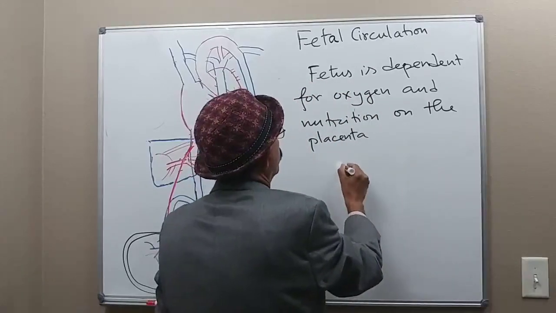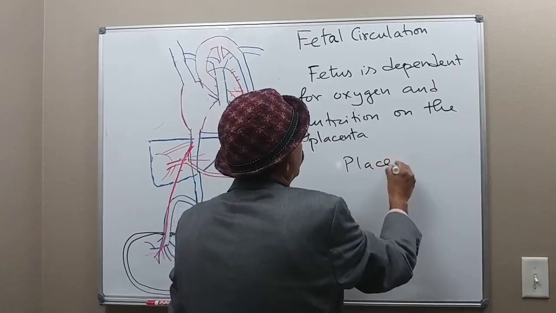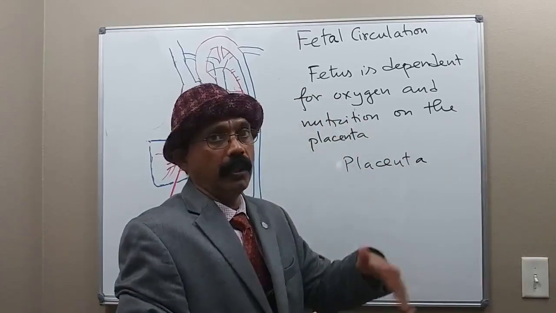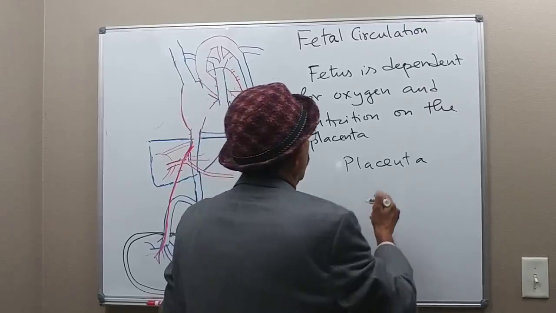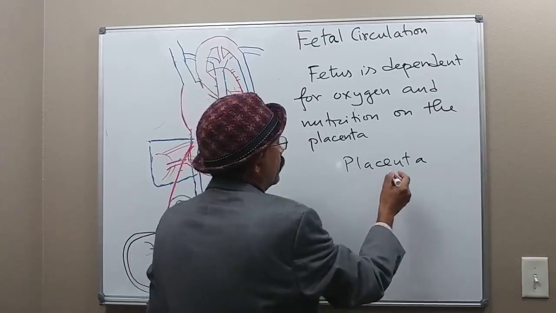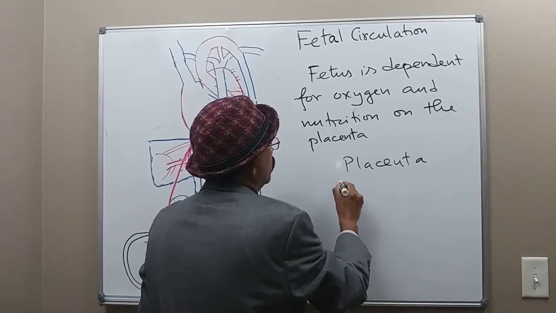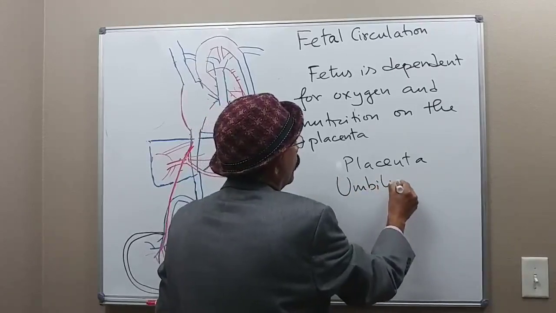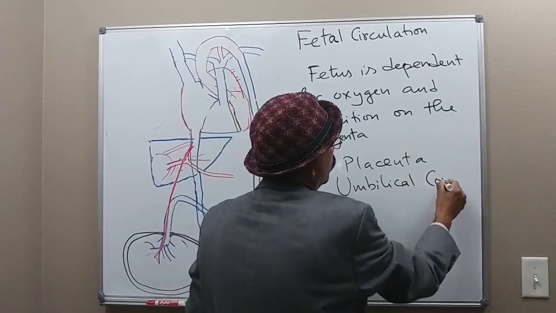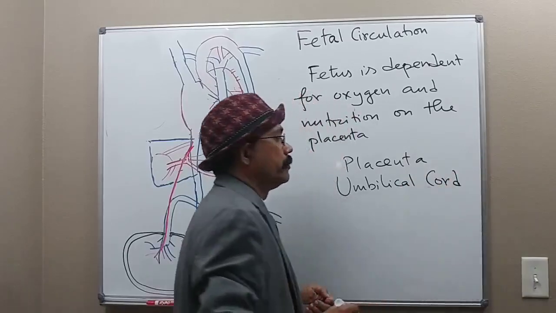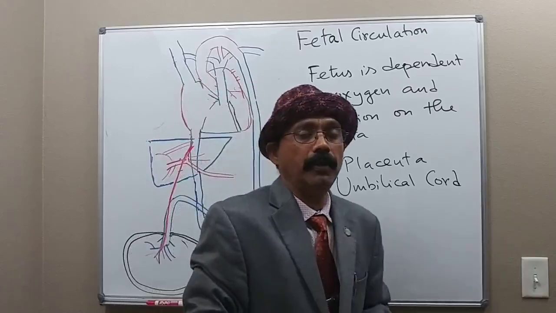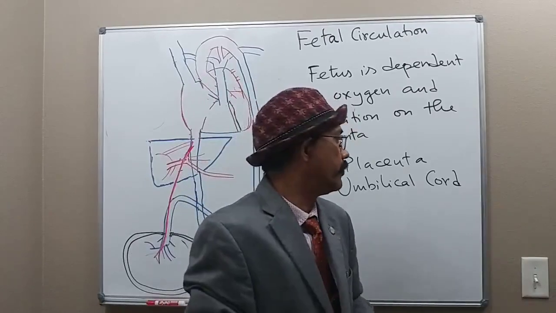The placenta is a disc-like structure, and from the placenta we get the umbilical cord, which connects the placenta to the fetus.